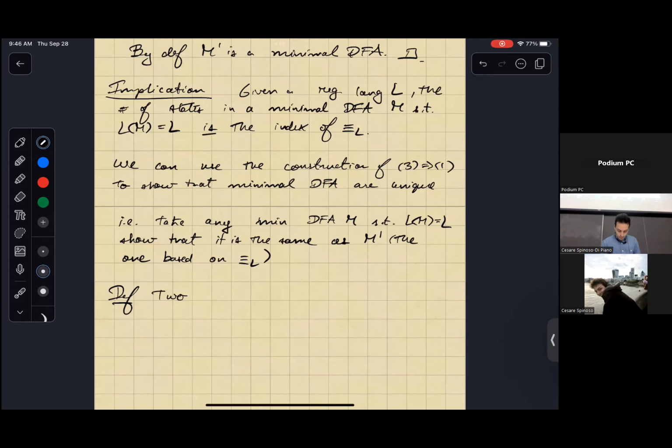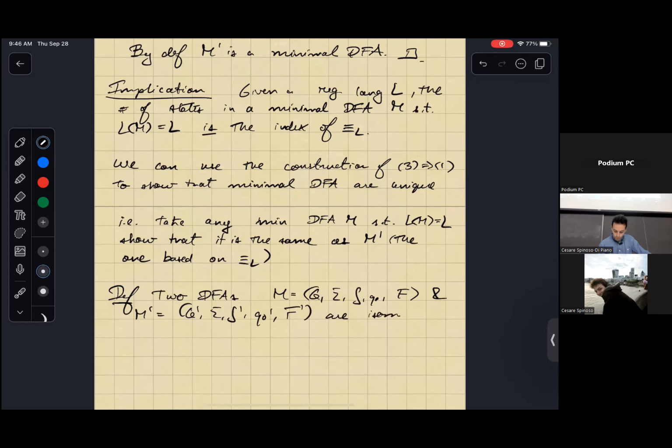So 2 DFAs, let's call them M and M prime, are isomorphic. In other words, they're the same.